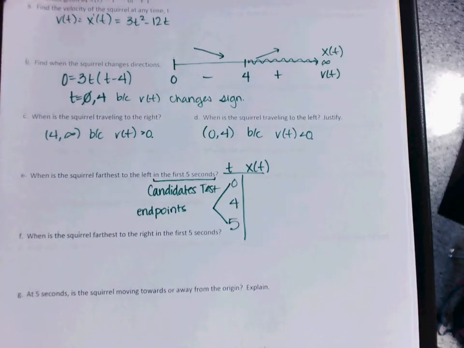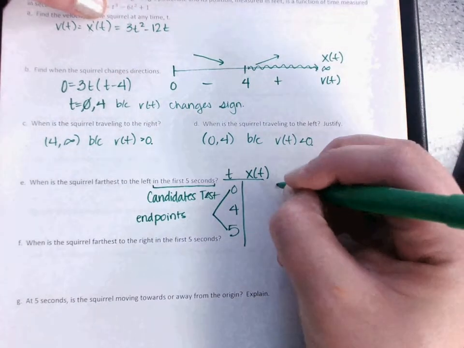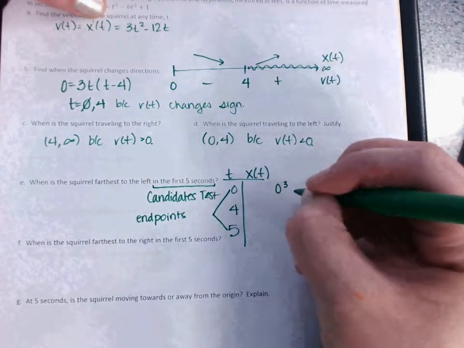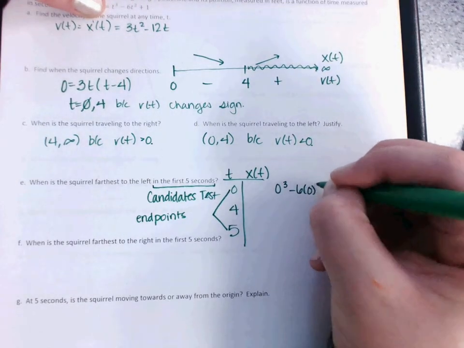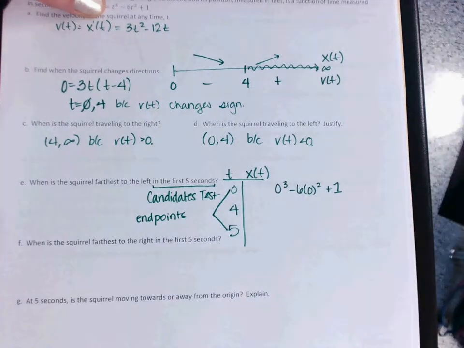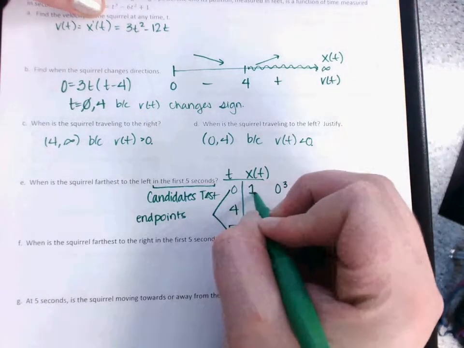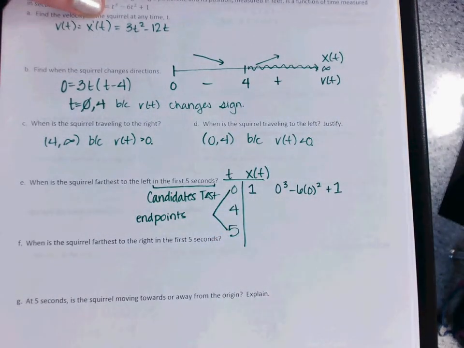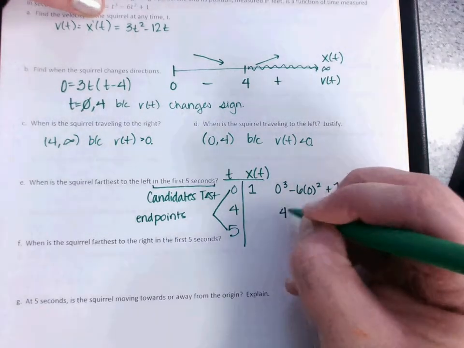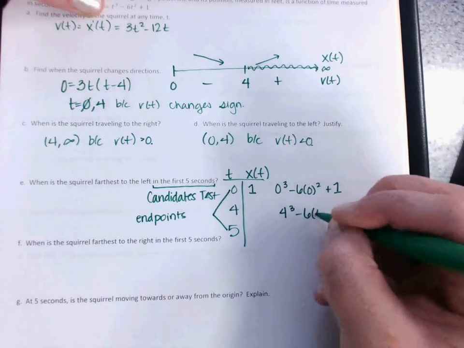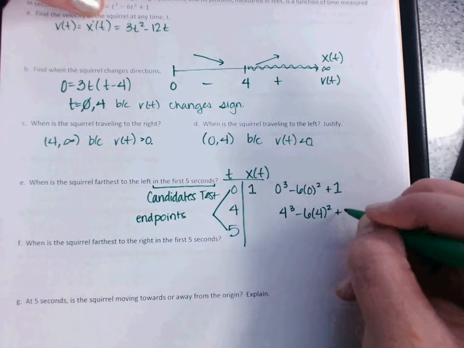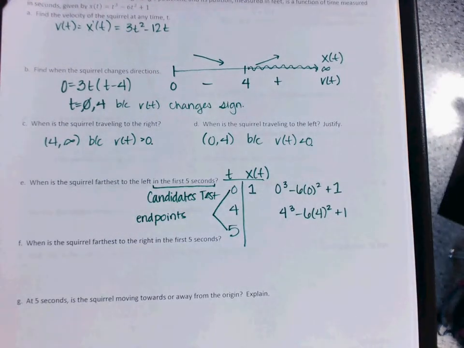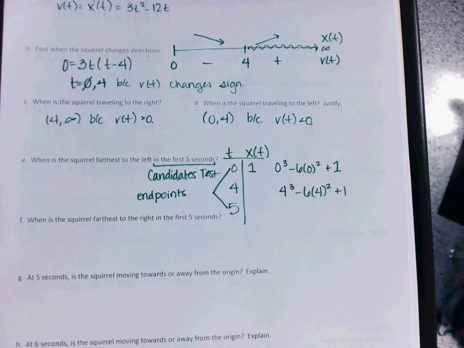We're plugging in 0 first. So it'd be 0 cubed minus 6 times 0 squared plus 1. What is it? 1. Okay, next one, we're plugging in 4. 4 cubed minus 6 times 4 squared plus 1. 4 cubed is 64.